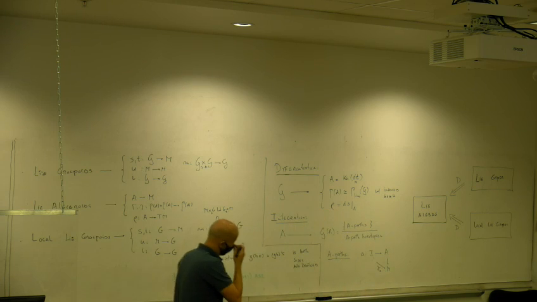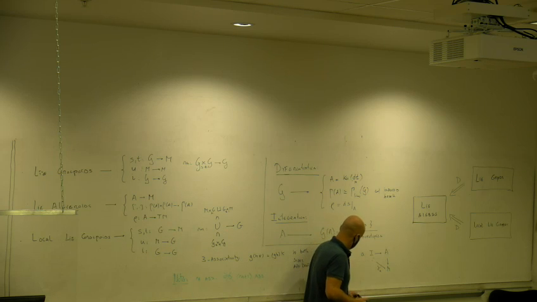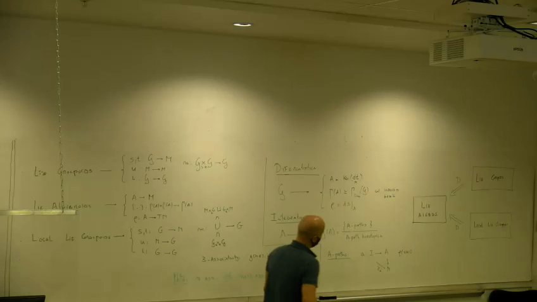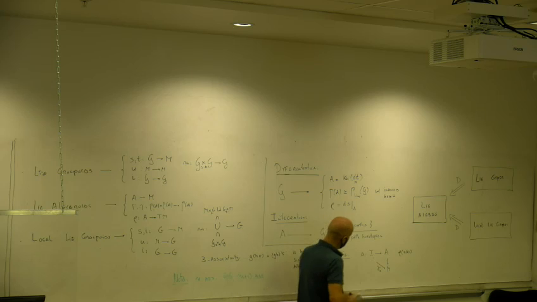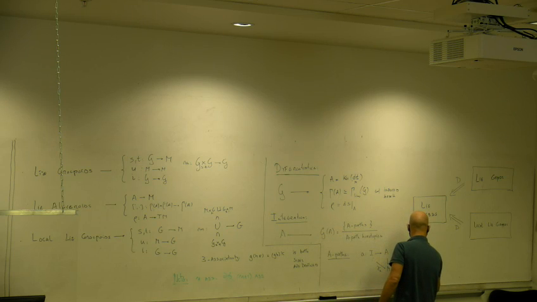And not just any path in A: they have to satisfy the additional condition that if you apply the anchor to this A-path, you get a path of tangent vectors, and that has to be the derivative of the base path.